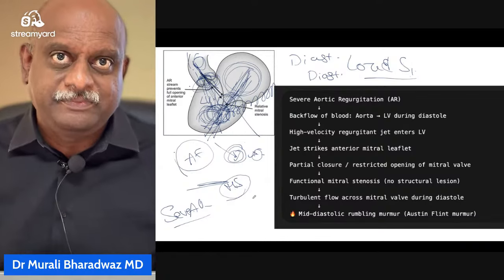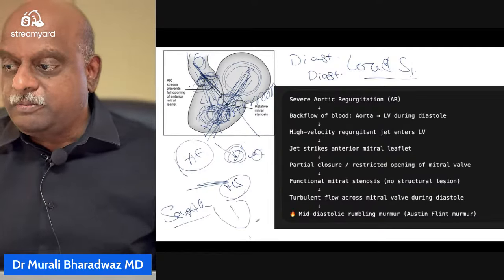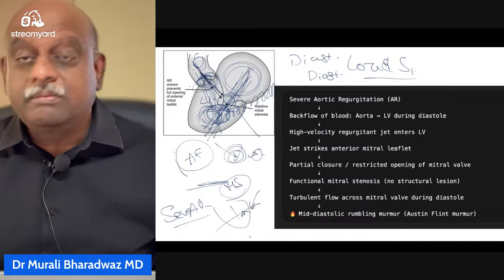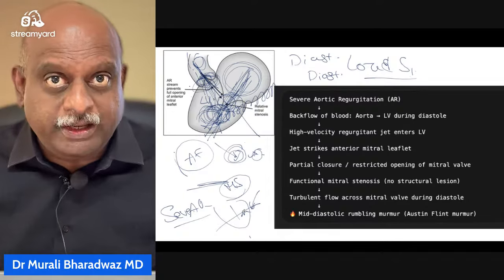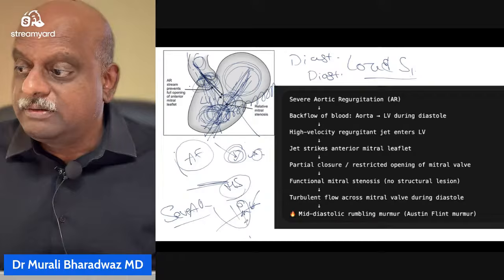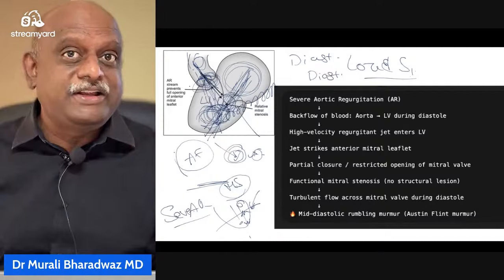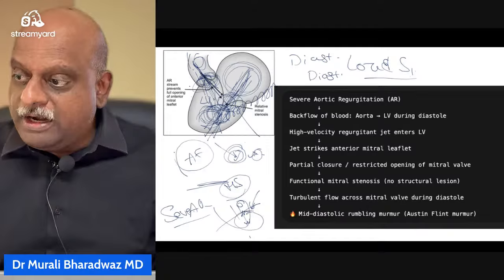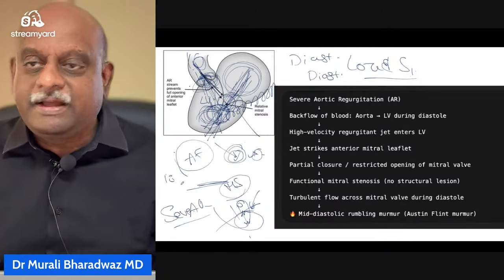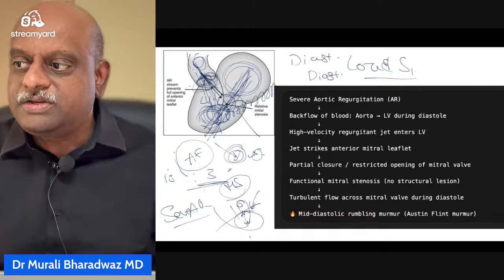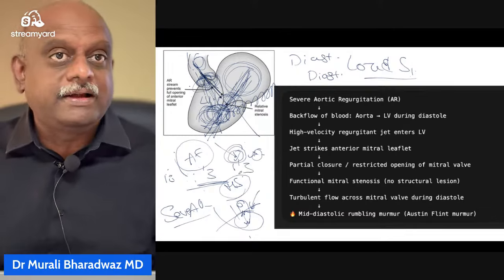I'll tell you. In case of mitral stenosis, the mitral stenosis murmur is diastolic, when blood is going from the atria into the ventricle. The other day we discussed that ventricular diastole has three phases: first 1/3, second 1/3, last 1/3.